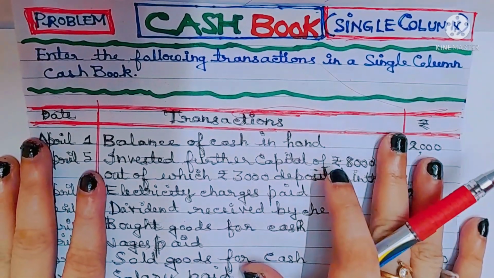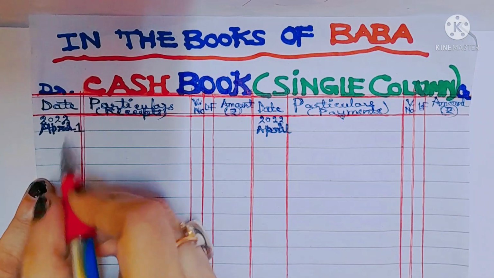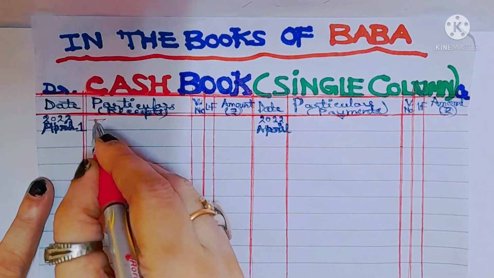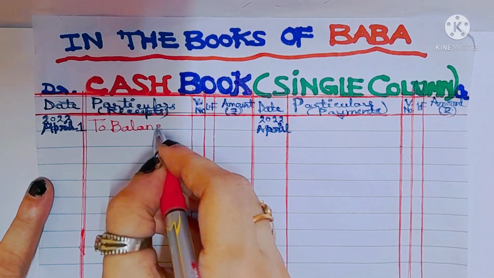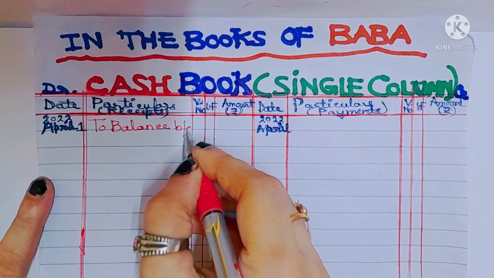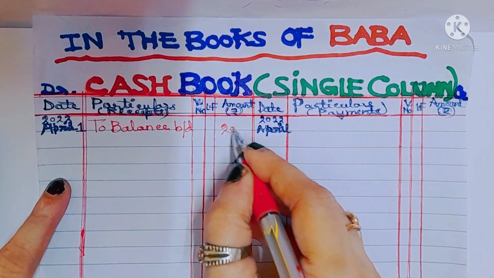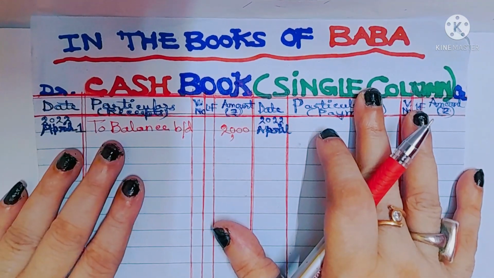So in the books of Baba, we'll write cash book single column on 1st April to balance BD, how much? 2000. Okay, now let's see the next transaction.